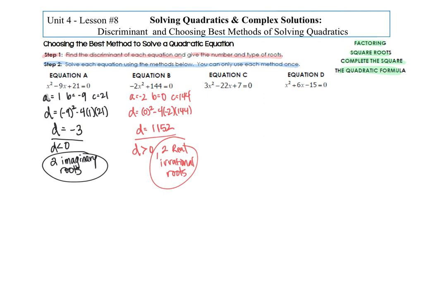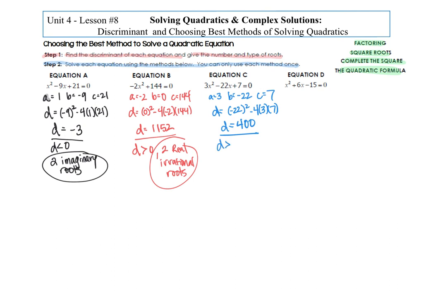Let's look at equation C. We have 3x squared minus 22x plus 7. A is 3, B is negative 22, and C is 7. Plugging into the discriminant, we get negative 22 squared minus 4 times 3 times 7, and our D value is 400.